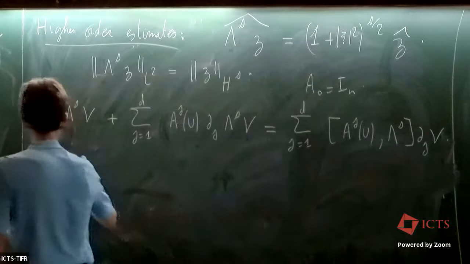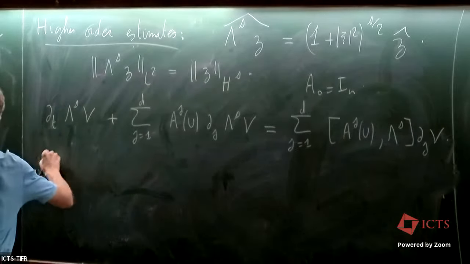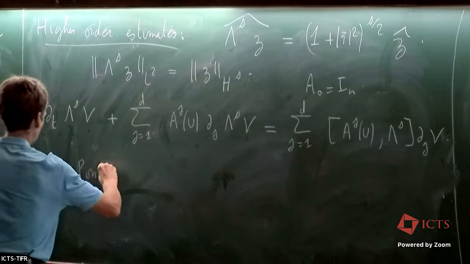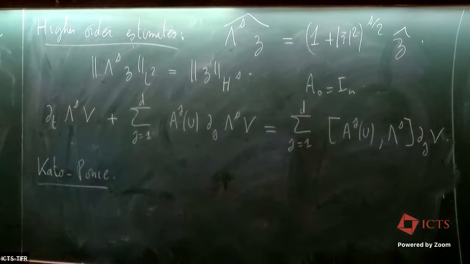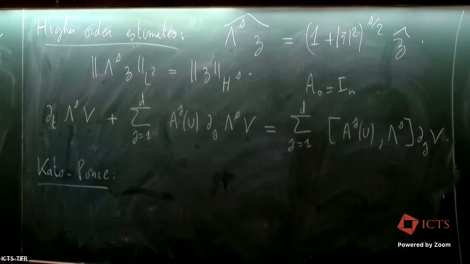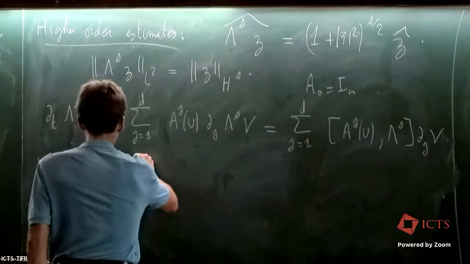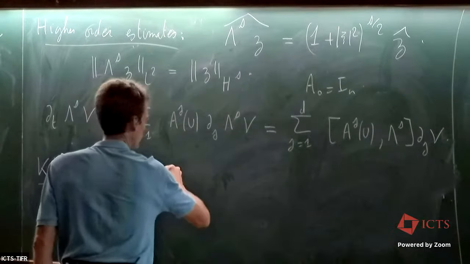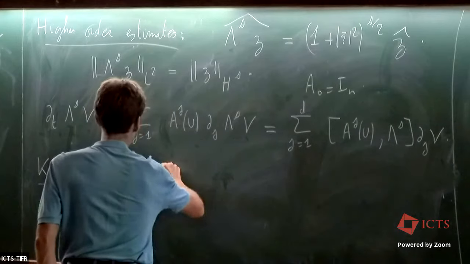To estimate it, you can use something which is well known, but nevertheless very interesting and useful: the Kato-Ponce commutator estimate, which says that whenever S is positive, or even 0, but for 0 it's not interesting, it's obvious.